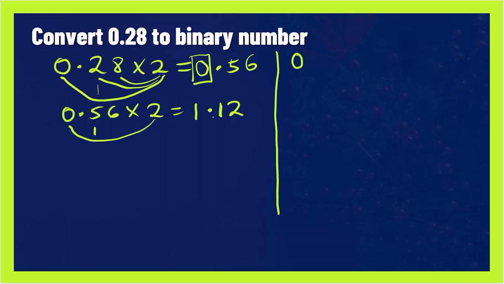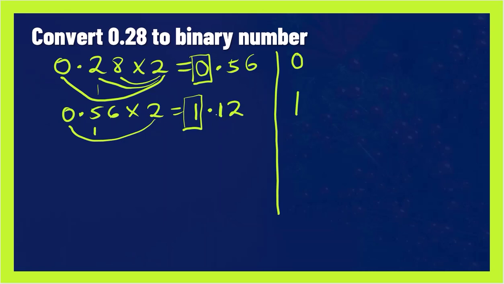In this result 1.12, the integer part, or the whole number part, is this 1 that we have here. We are going to write that down. Very good. So anytime you encounter 1 as the integer, what you are supposed to do is extract only the fractional part. Only the fractional part will be used in the next multiplication.